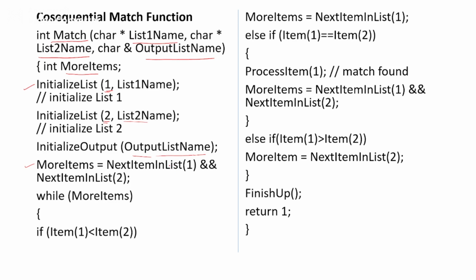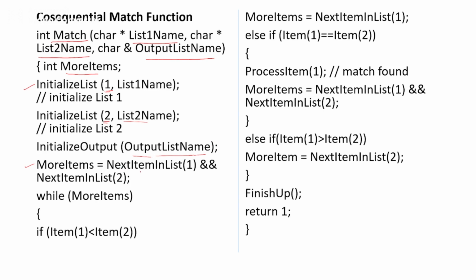If any one of these is not there, then we can wind up saying there is no more item to be matched. As we have done in the previous logic, if list 1 is having an item, then you are going to proceed with the match operation. When list 1 gets empty, the last item was done with the matching process, then you need to stop.